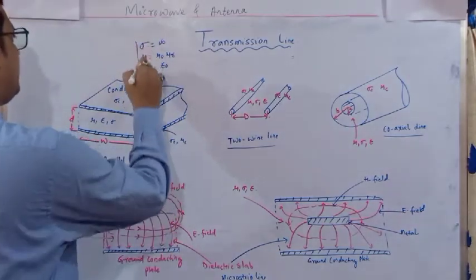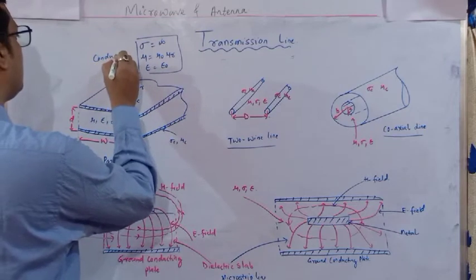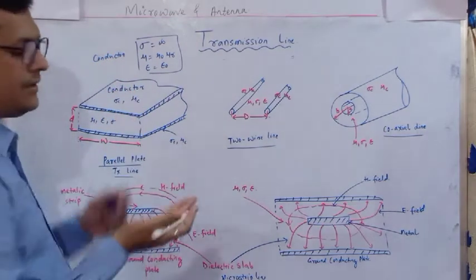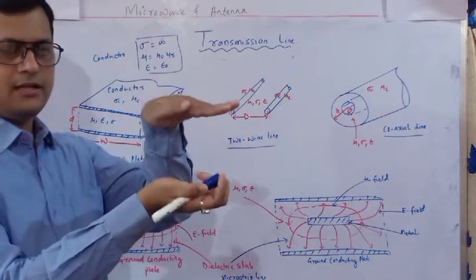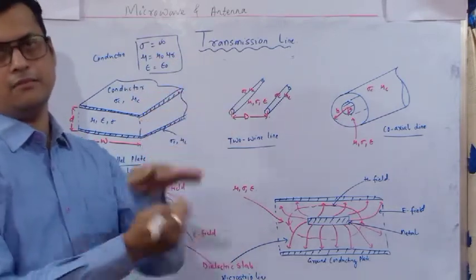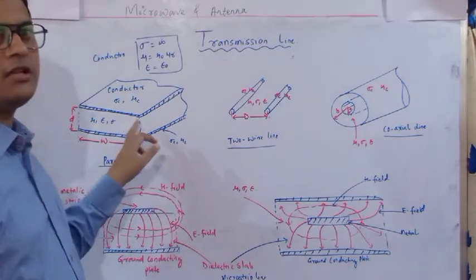This is the three condition for a conductive medium. Okay, for a conductor, good conductor. So upper plate is one conductor and lower plate is one conductor, and in between those two plates dielectric medium is available. Okay, so dielectric medium is characterized with mu, sigma, epsilon.